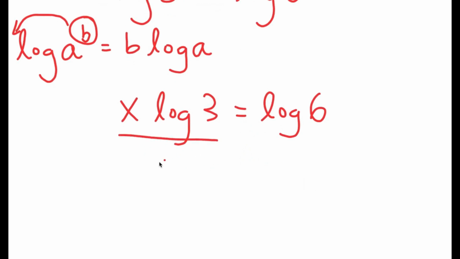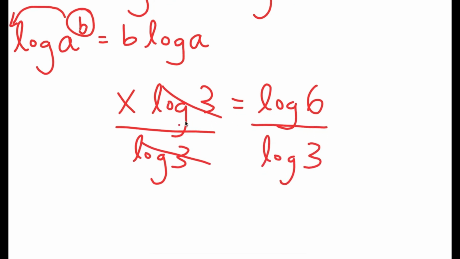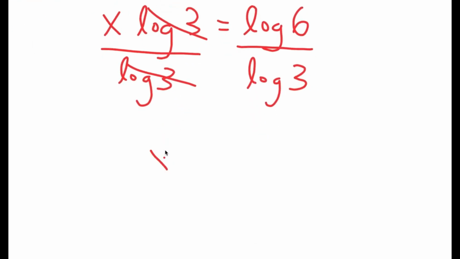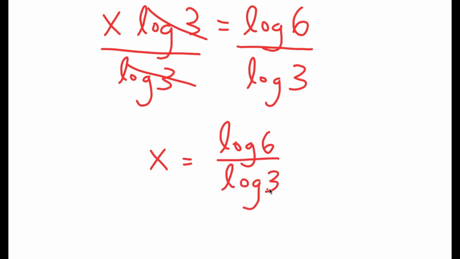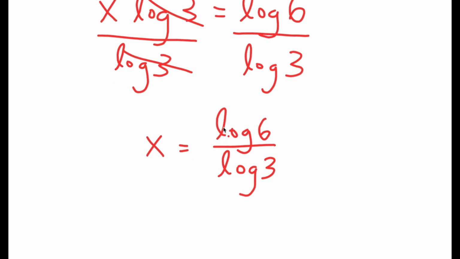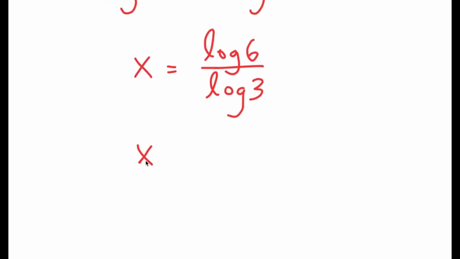Now I'm going to divide both sides by log 3, because again, we want to isolate x. By doing this, these two cancel out, and I get x is equal to log 6 over log 3. Now, what I'm going to do is rewrite log 6 as log of 3 times 2.